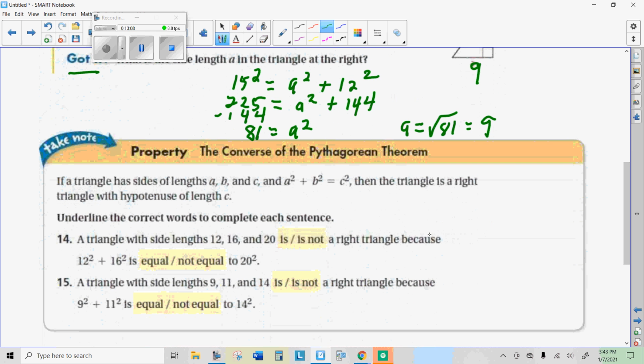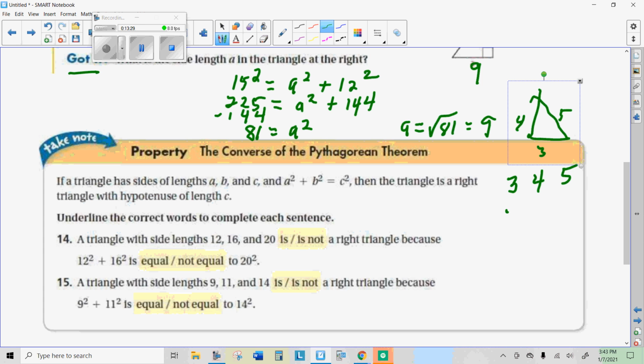There's another property in the Pythagorean theorem, and that is that if you have 3 numbers, and I'll just give you an example, like 3, 4, and 5, and they're the sides of a triangle, so I'll just draw a triangle. Let's say that side's 3, that side's 4, and that side's 5.